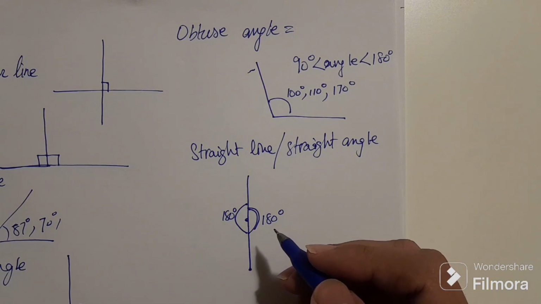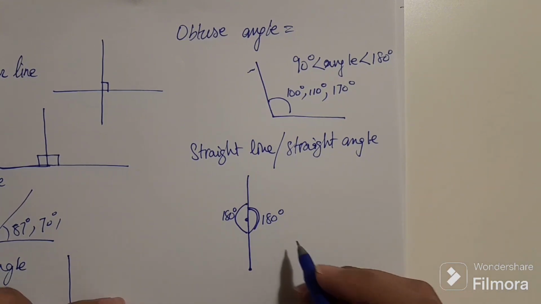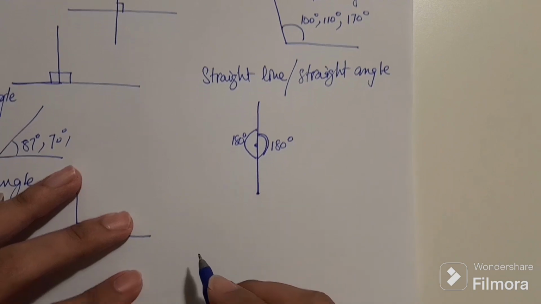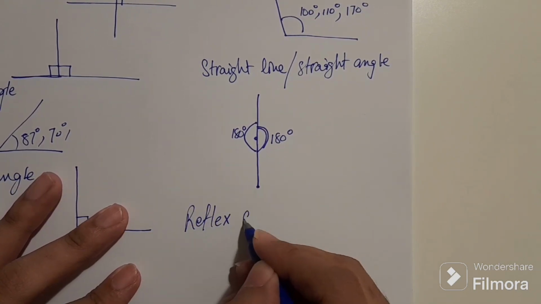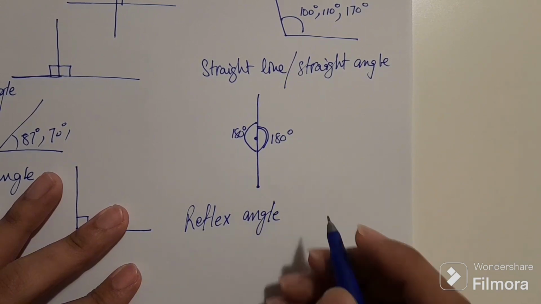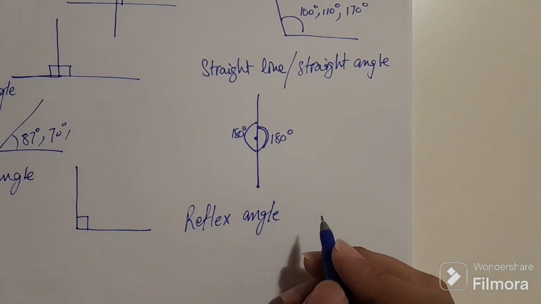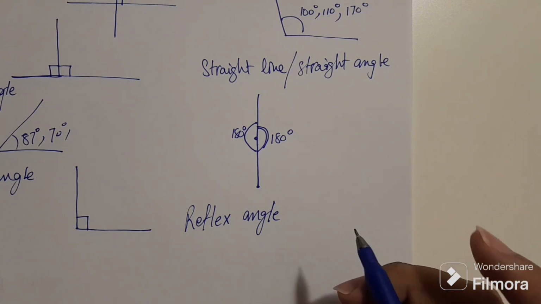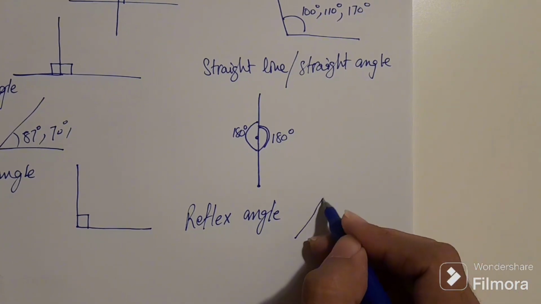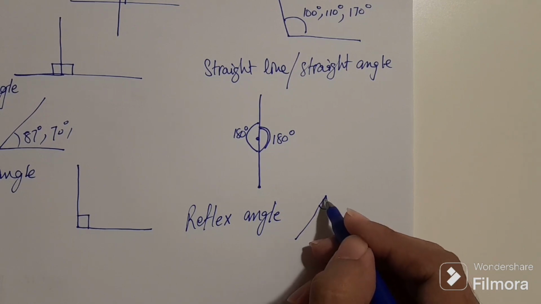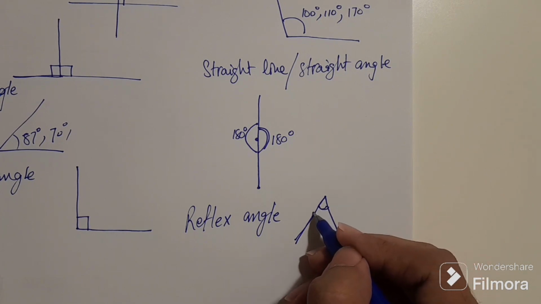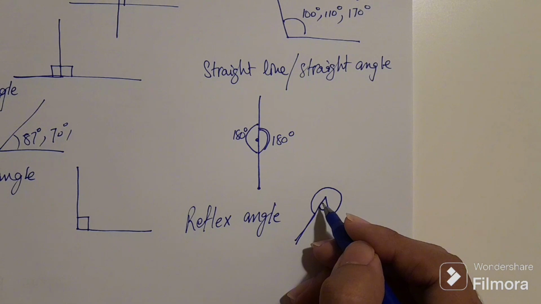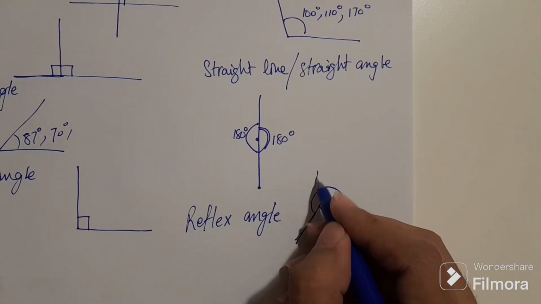The next term is reflex angle. A reflex angle basically means when the angle is greater than 180. So instead of calculating the angle on the inside like this, which would be considered an acute angle, we measure the angle on the outside, which is called the reflex angle.